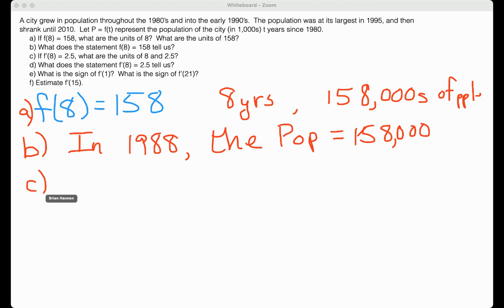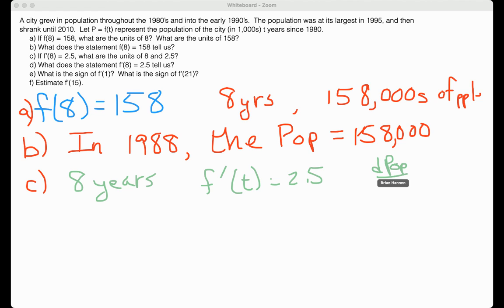Because in part C here, now we're getting down to a derivative. F prime of 8 equals 2.5. What are the units of 8? Well, 8 still has not changed. 8 is still in years. But when we're looking at the derivative, f prime of t equals 2.5, that means, once again, we need a change in something, a change in population over a change in years.